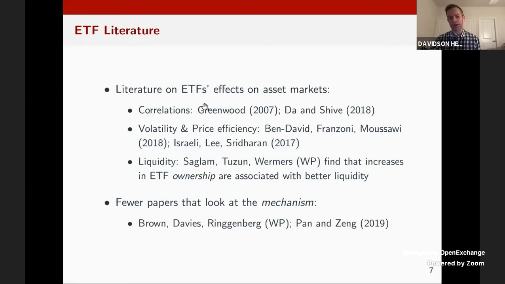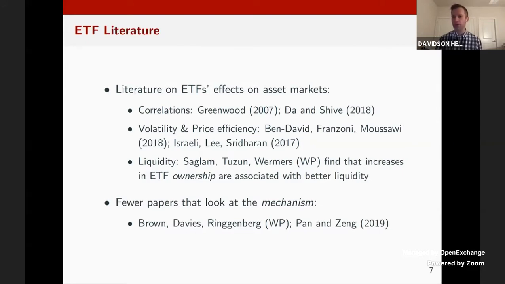We know that ETFs seem to cause increased return correlations among index assets, that the rise of ETFs is linked to higher individual asset price volatility and lower price efficiency. There are those papers out there. And there's another working paper that, as I said, focuses on ETF holdings and finds that on average ETF holdings of your stock are correlated with higher liquidity.